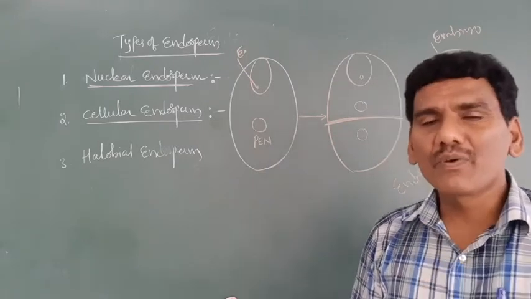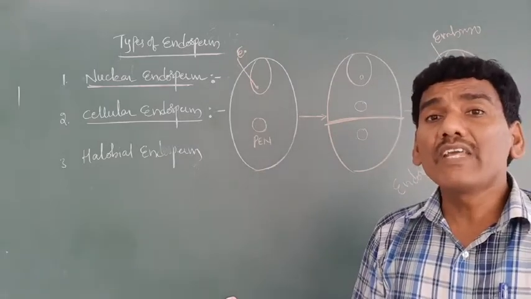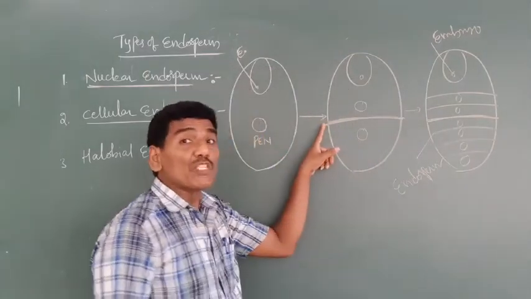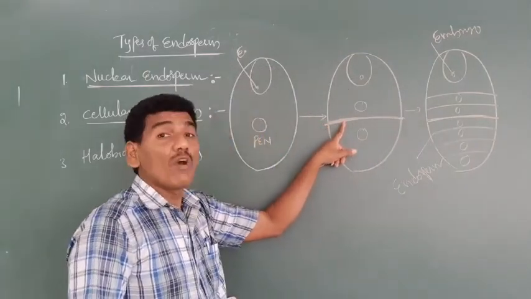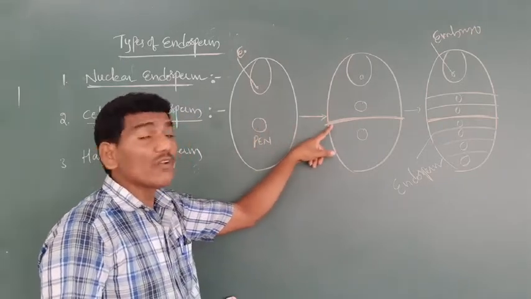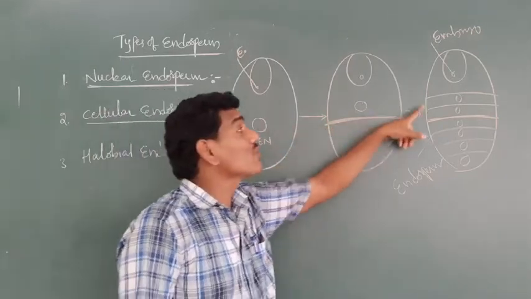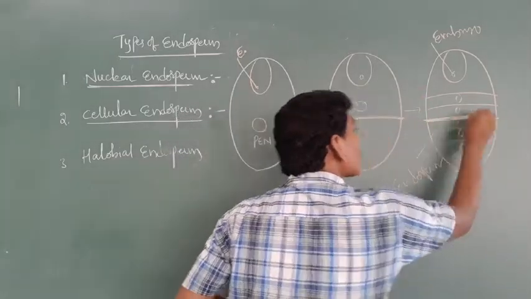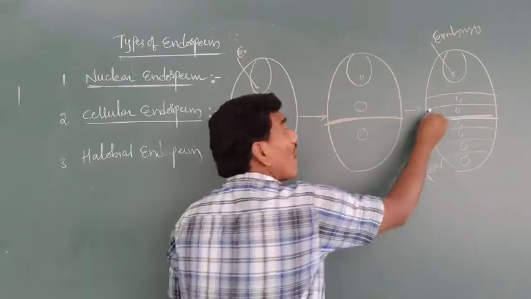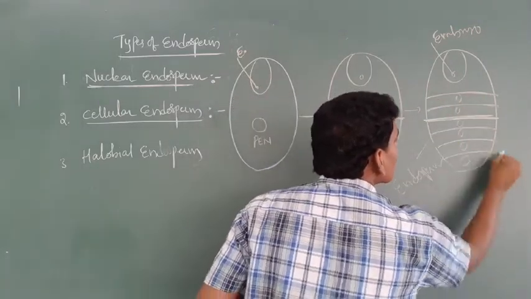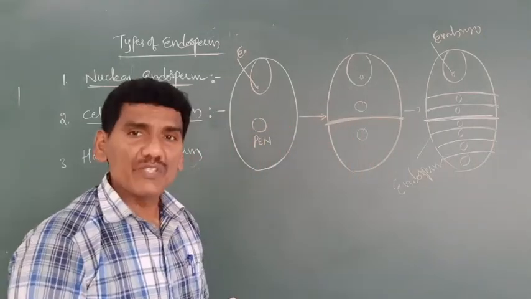In this type, the free nuclear division does not exist, but division of the endosperm nucleus is followed by wall formation. The first wall is usually transverse, sometimes oblique walls. This is also known as cellular endosperm.